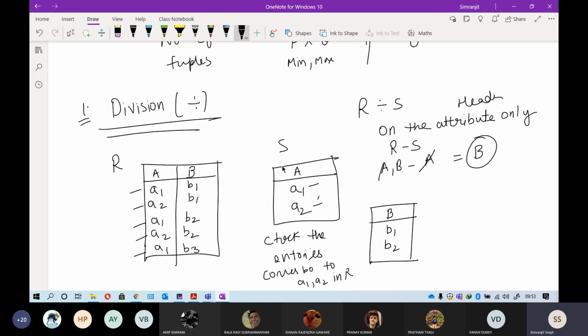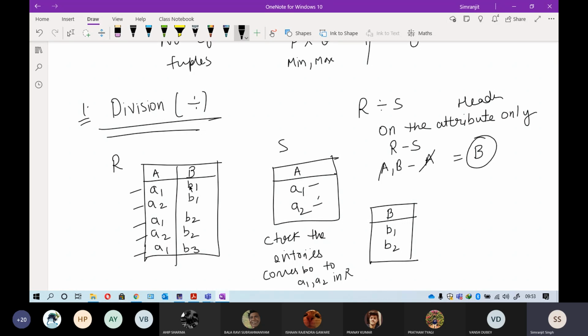So go back to the original table and check the corresponding elements to the entries that are present in the S relation. So A1, A2 here, I go back to the original table and I check the corresponding entries to A1, A2. The corresponding entry to A1 and A2 is common here.